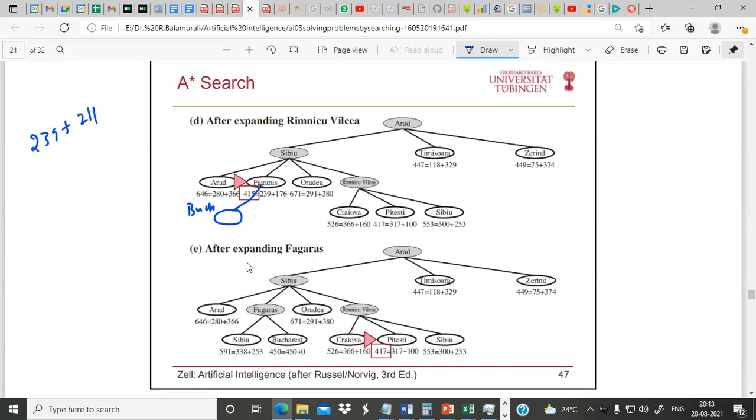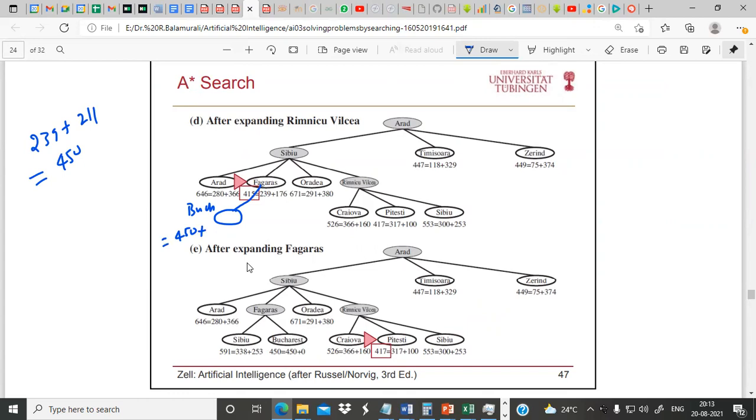What is that? 450. So this is the actual cost of reaching Bucharest via Fagaras, 450 plus the heuristic function, but let us wait for that.